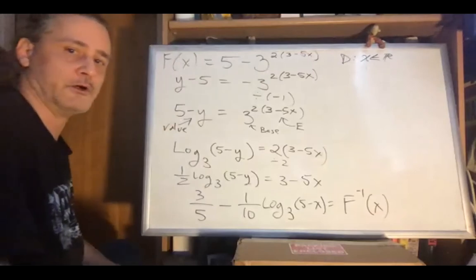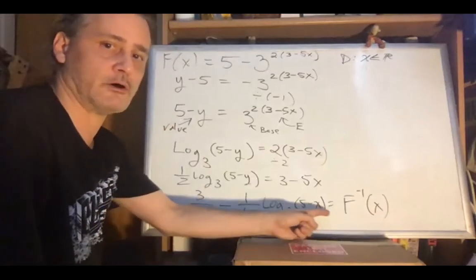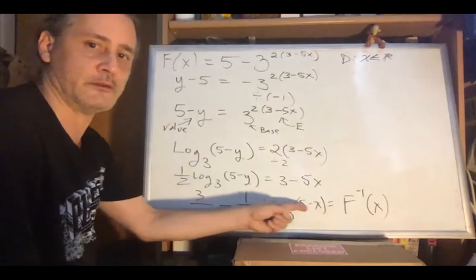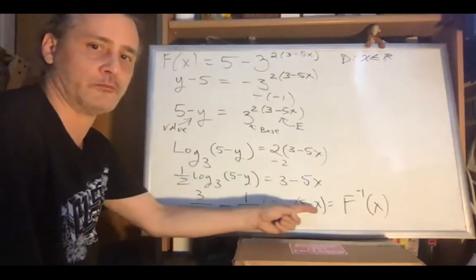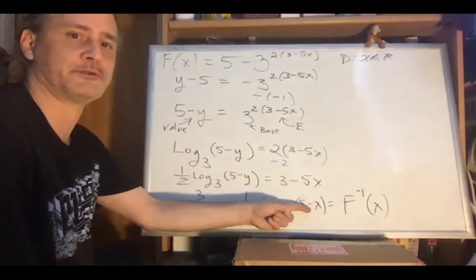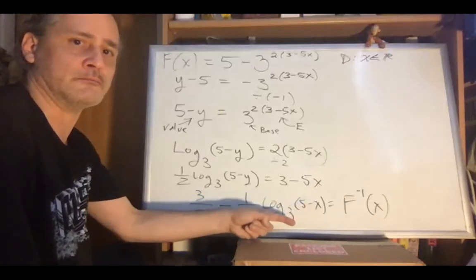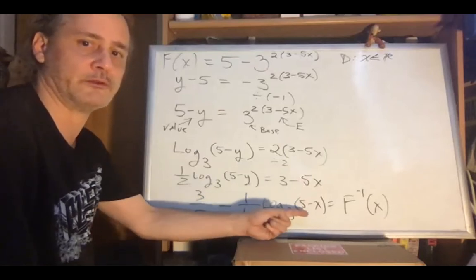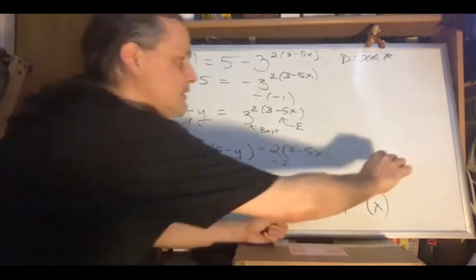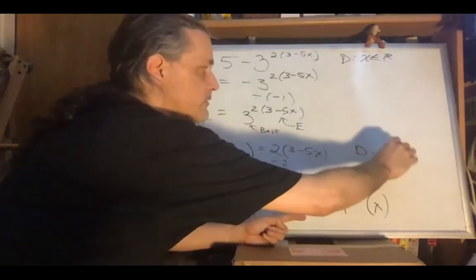Okay, now the domain of the log function is we can't log values that are negative, right? And we can't log values of 0 because there's no exponent to base 3 that would cause the result to be 0. So we have to be greater than 0. So 5 minus x has to be greater than 0.